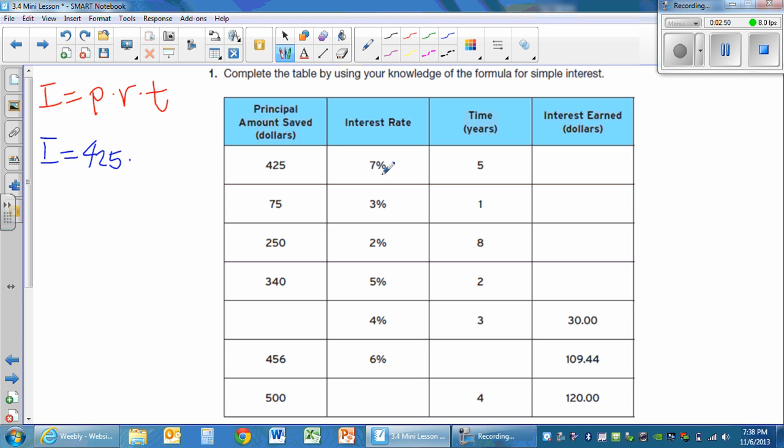Again, that's a percent, so we need to change it to a decimal. 7% as a decimal is 0.07. And then we multiply by the time. In this case, the time is 5 years. When you multiply all 3 of those together, you should get $148.75.